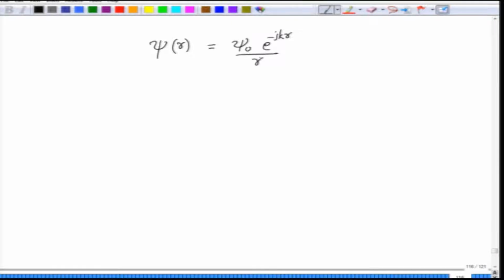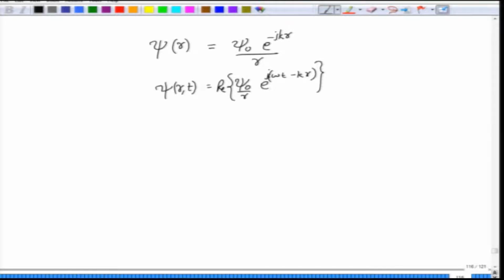One is the amplitude decay in terms of 1 over r, and the other is the phase change, which occurs as e power minus j k r, right. So, k r is the phase term. Of course, I am using the phasor notation. The correct expression would perhaps be psi of r, t equals real part of psi 0 by r e power j omega t minus k r, correct. So, this is the correct expression for the electric field, or the magnetic field.